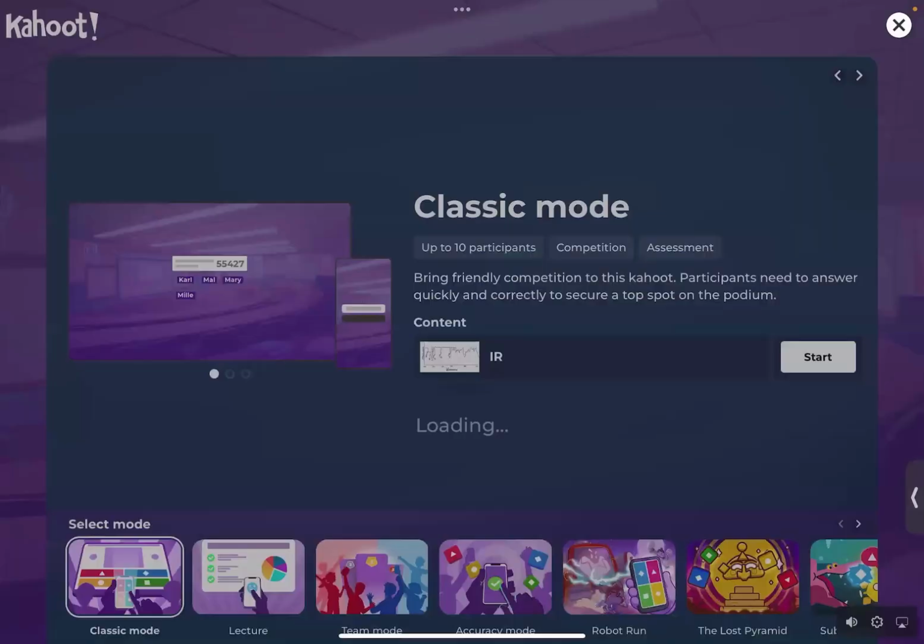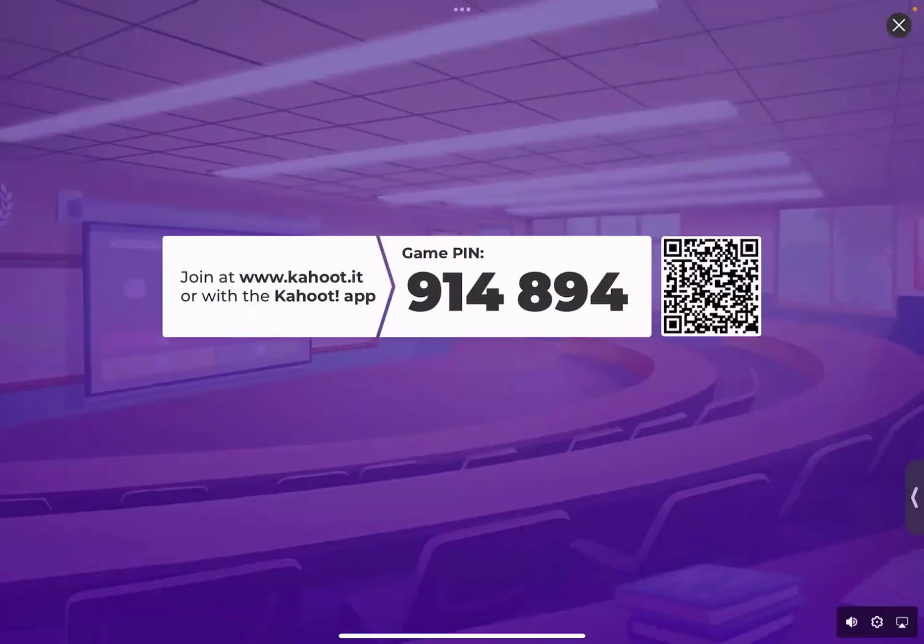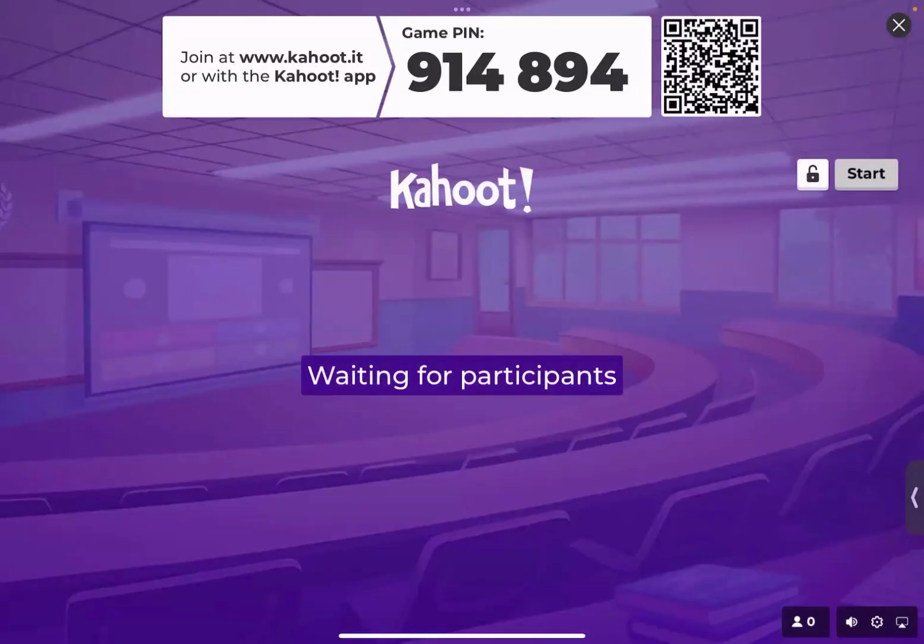You could use the chart, the one that you screenshotted. How do I join the Kahoot? I think it's kahoot.it. I forgot where the app is, let me download it. You can do it on the website too if you want.